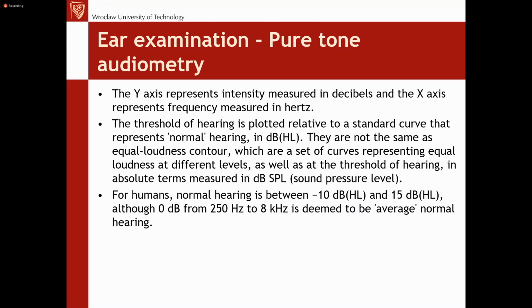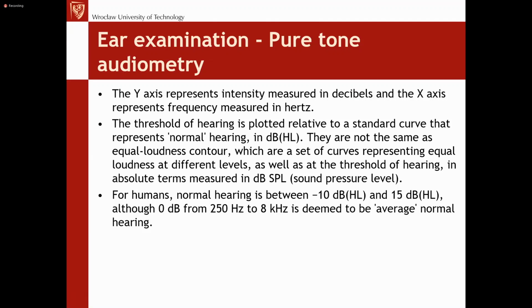And some details. The y-axis represents intensity measured in decibels, and the x-axis represents frequency measured in hertz. Threshold of hearing is plotted relative to a standard curve that represents normal hearing in decibels HL. And in the next slide, I can explain in detail what this unit means.